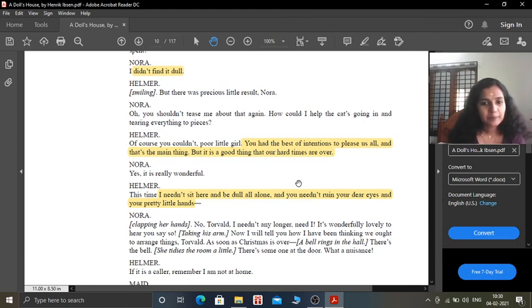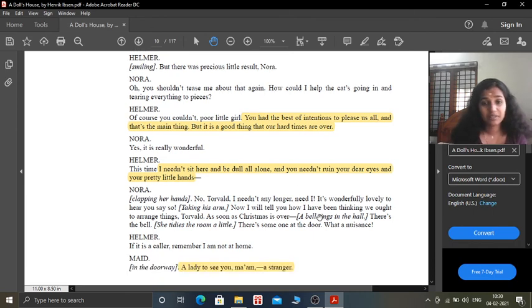And immediately somebody rang the calling bell. So she said that okay, there is a bell, and she didn't like the noise. Immediately Helmer said, if it is a caller, remember I am not at home. If somebody is asking for him, tell them I'm not at home. I don't want to meet him.